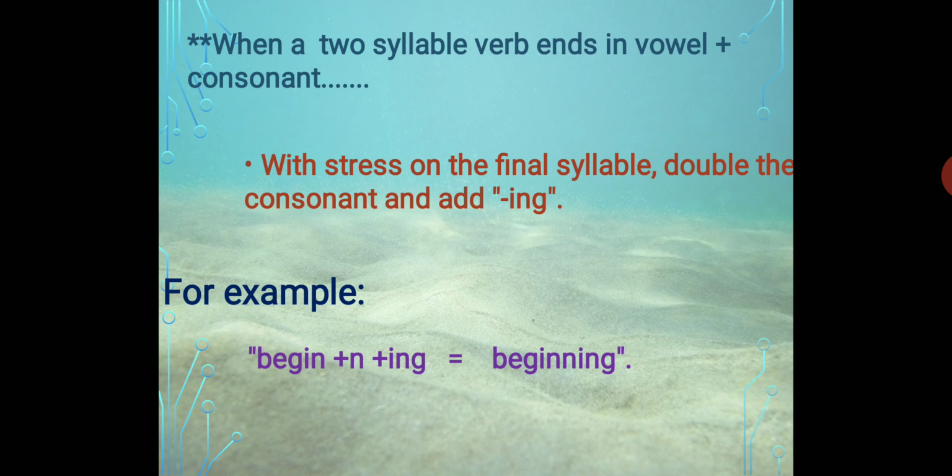Another example is forget. F-O-R-G-E-T, forget, for and get, right? If we want to make it the ing form of the verb, then what can we do? Yes, we write T two times and add ing, same as the previous rule. But whenever you pronounce this type of verb, you have to stress on the second syllable of the verb, forget, forgetting.